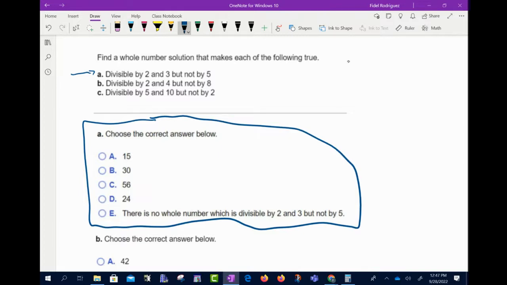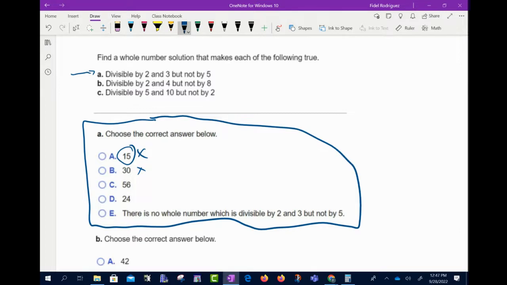So if I were to look at the first choice, 15. Well, I know I can divide 15 by 3, but I can't divide it by 2. That doesn't look good. 30, I can divide it by 2. I could also divide it by 3, but it's not supposed to be divisible by 5, but 5 goes into 30. So I know that's not true. Let's see, 56, I can divide it by 2 because it ends in a 6.